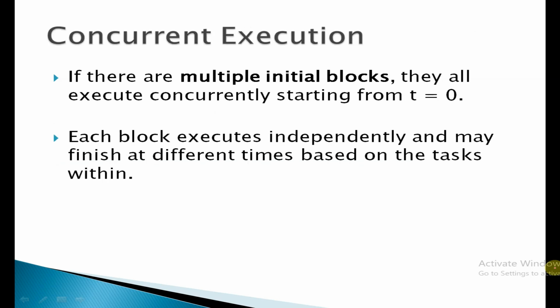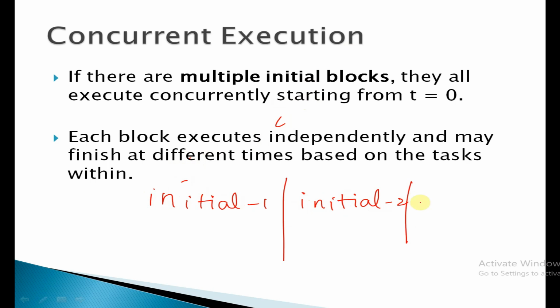We also saw concurrent execution: if we have multiple initial blocks, they all start at time t equal to 0, and each block executes independently and may finish at different times based on the tasks within. Let's say we have three initial blocks, initial block 1, 2 and 3, inside the same module.